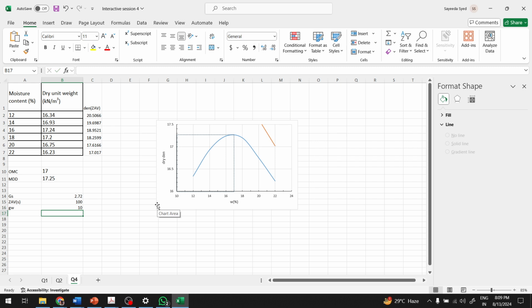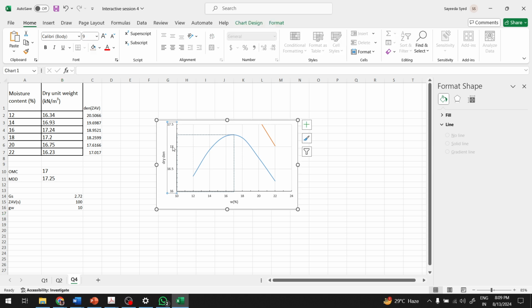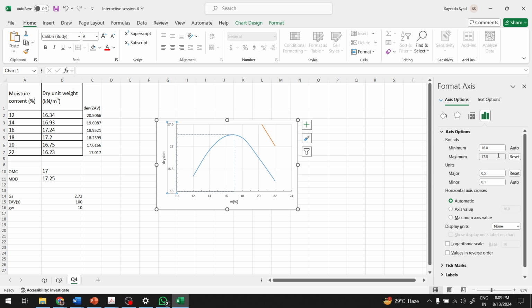I have to take 10 kilonewton per meter cube as the weight of water. So this is a zero air void line.